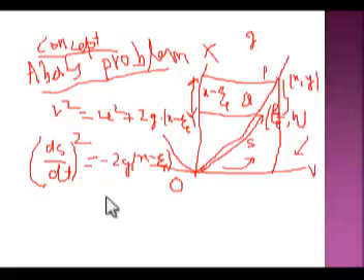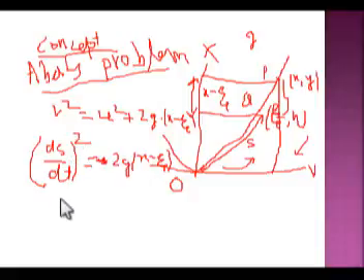Now the negative will come later. First we get (ds by dt) square equal to 2g times (x minus xi).